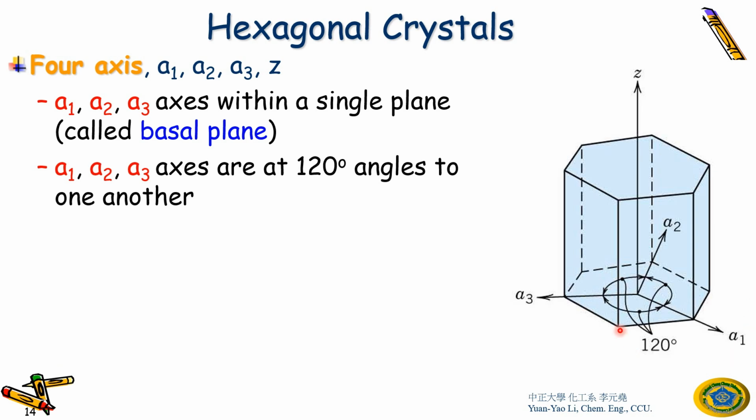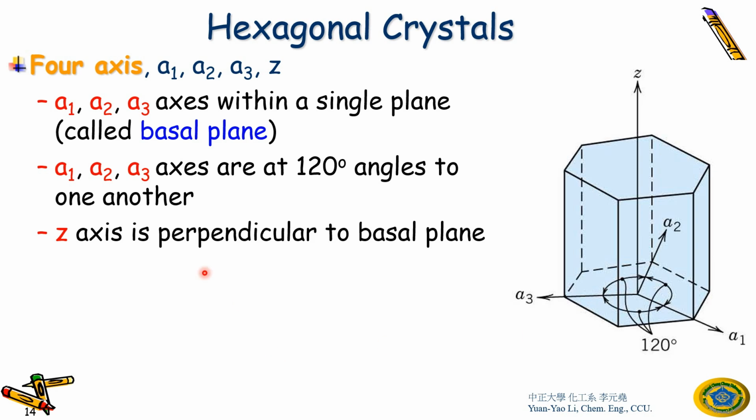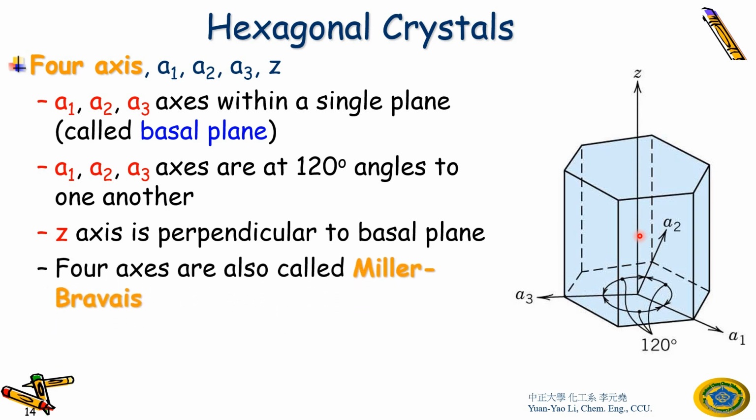Basal plane. Okay. They are 120 degrees separate from one another, right? So total is about what? 360 anyway. So Z axis is perpendicular to the basal plane. Okay, so the 4 axes are also called Miller-Bravais.